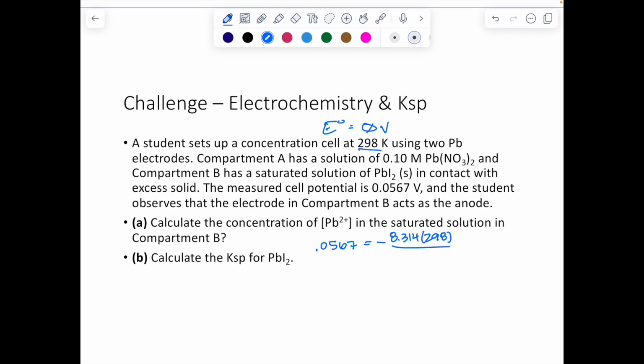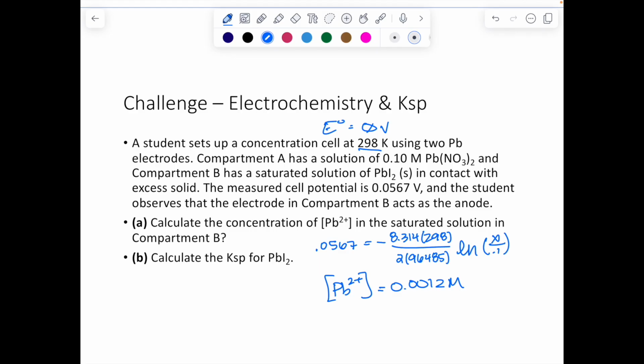We're forming lead-2, so 2 electrons transferred, 96,485. Natural log of x over 0.1. Okay, so if you rearrange all of that to solve for x, we should get a concentration of 0.0012 molar. And then it says calculate the KSP for lead-2 iodide.